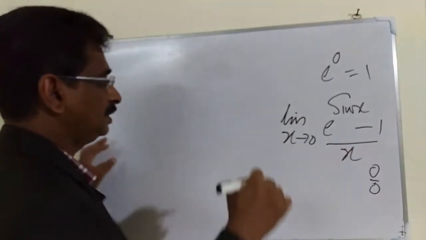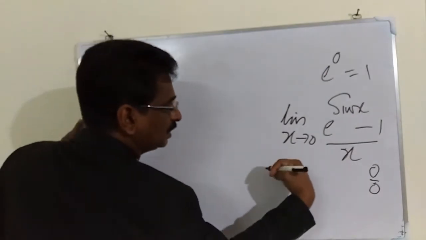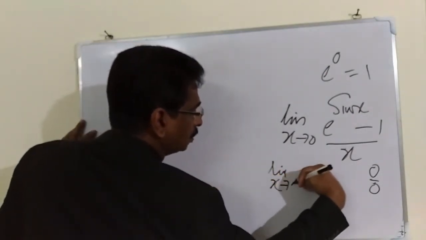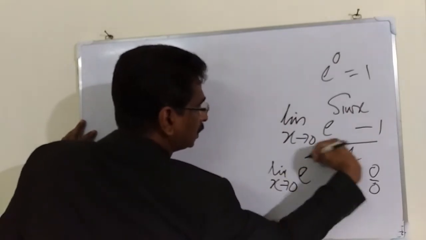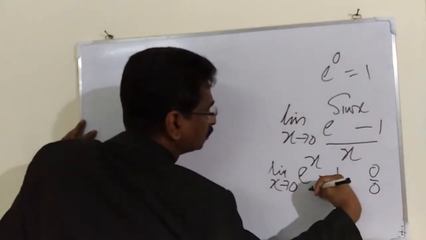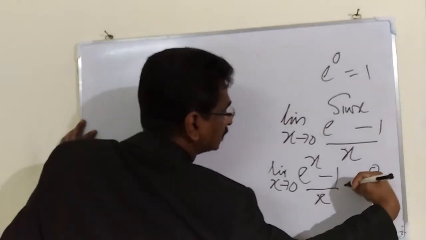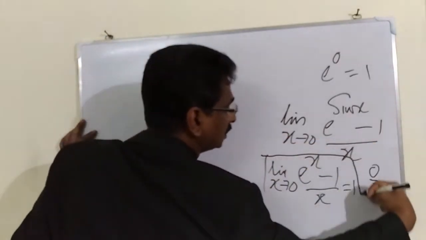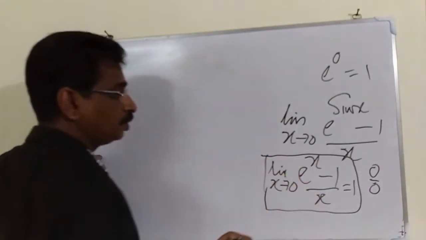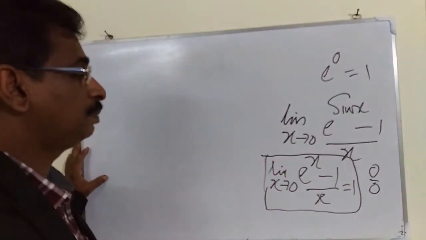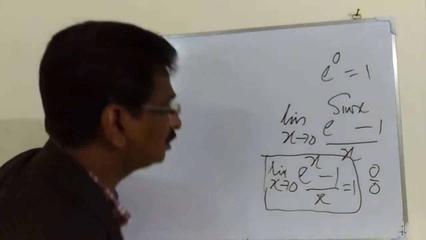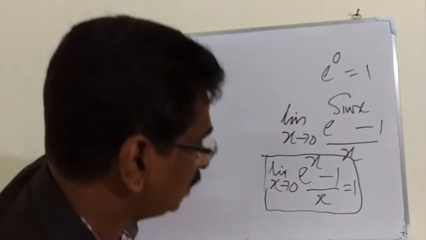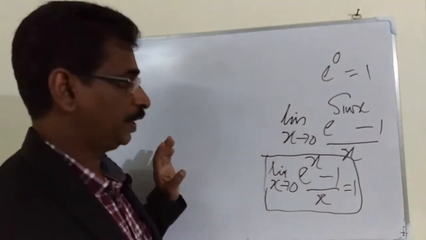The first result we want is limit x tends to 0 of (e raised to x minus 1) by x is equal to 1.